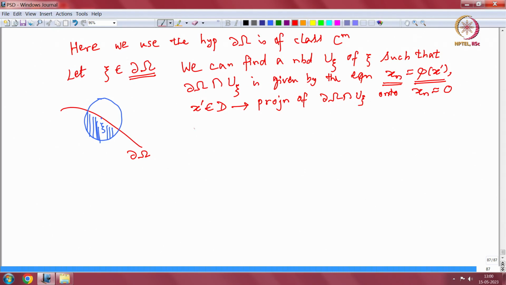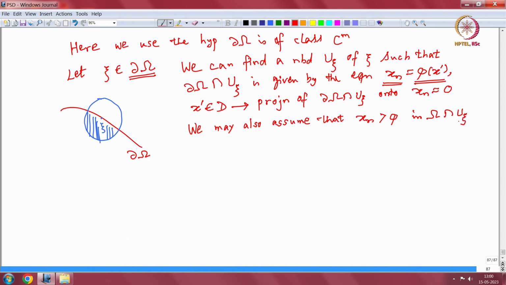Okay. So, we may also assume, again this is for convenience, that xn is bigger than phi in omega intersection Uj.